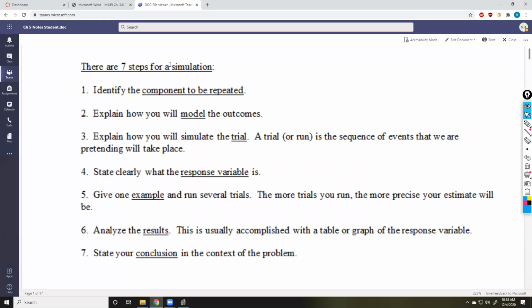So the idea here, you don't need to write this down, but I just want to highlight a couple things. We're repeating a single event. We're using numbers to model the outcomes. And then we should talk about how the trial is going to happen.